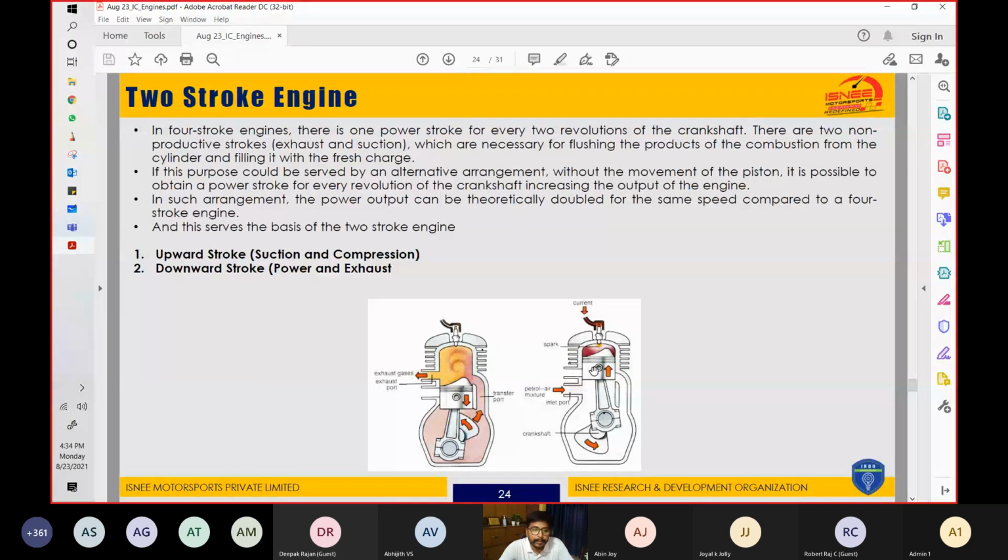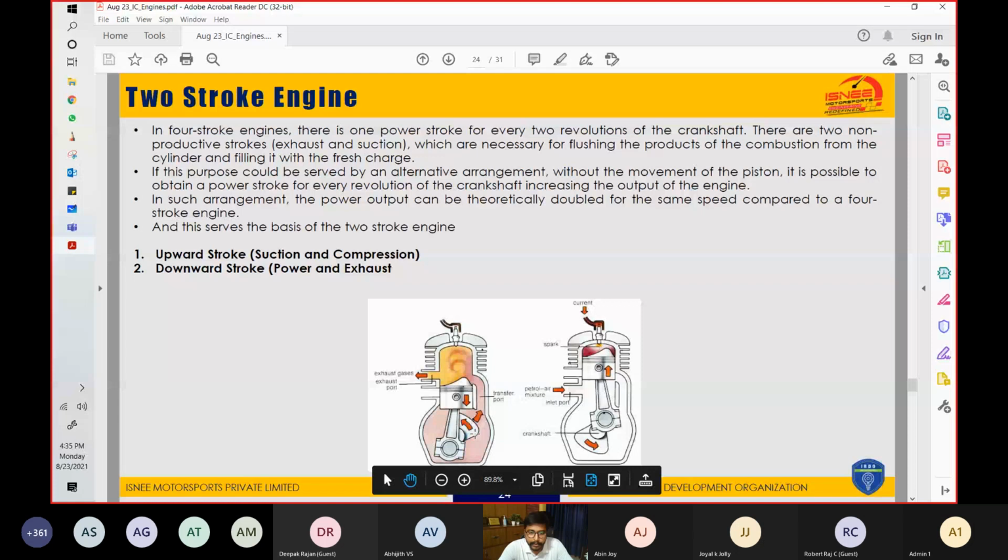So the piston itself works as the closing and opening for the exhaust and intake manifold. Earlier, we used to have valves for this operation. So only one valve will open, the intake valve will open, so intake will happen, the exhaust valve will open, the exhaust will happen. Over here, the piston is covering that. So now the engine construction has changed, but the engine parts are almost similar.